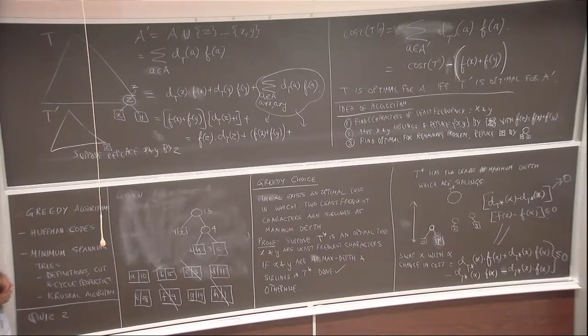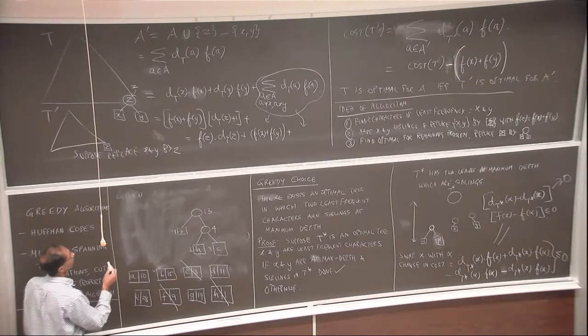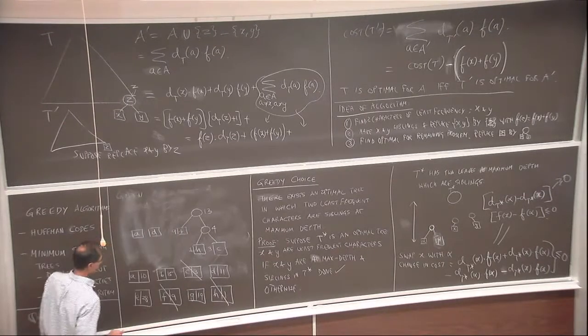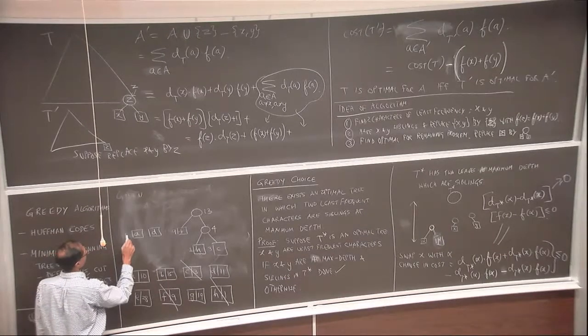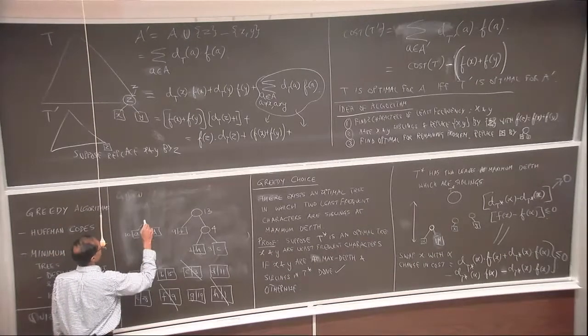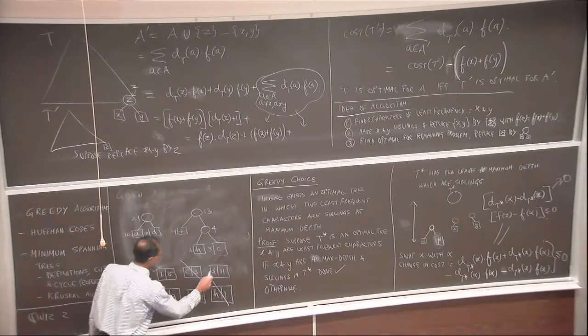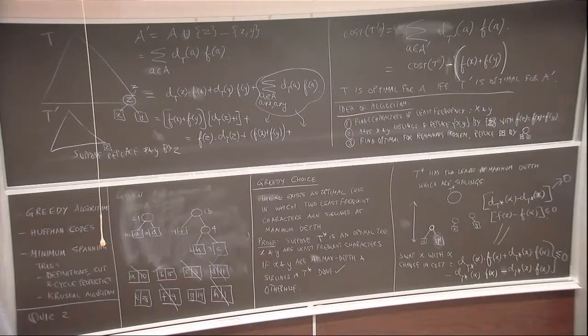What are the 2 characters of least frequency now? A and D, which are 10 and 11. And we introduce a new character of frequency 21. You remove A, you remove D. What are the two minimum frequency characters now? 13 and 15.